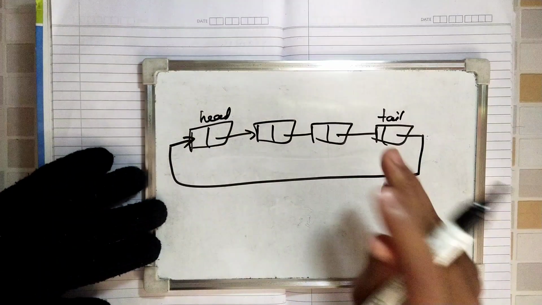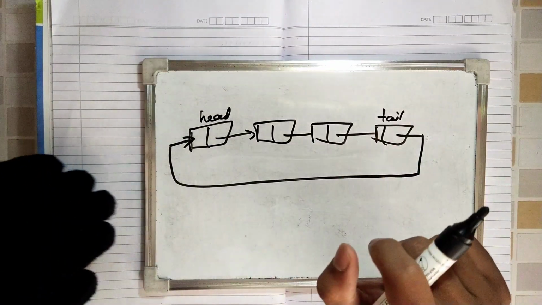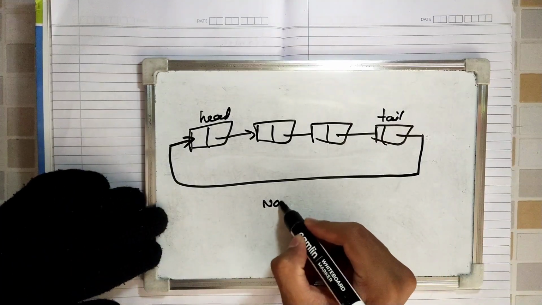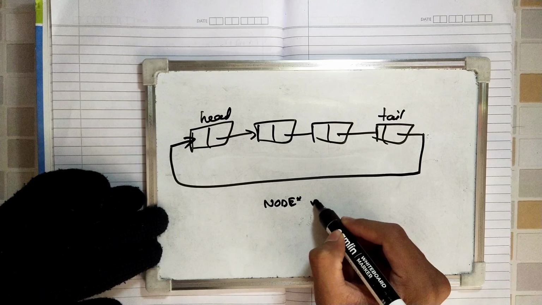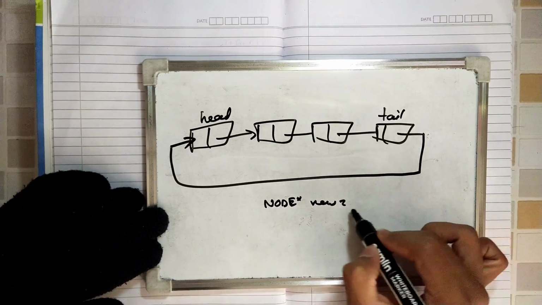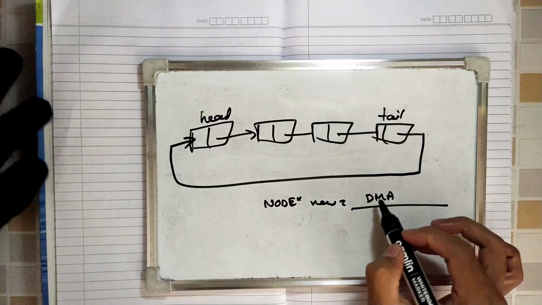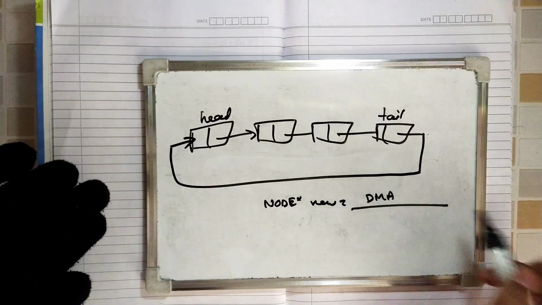Now, while creating a list, we saw that we write a node new, and I'll write malloc, the dynamic memory allocation. Don't think of DMA as direct memory access. It's not direct memory access, it's dynamic memory allocation.